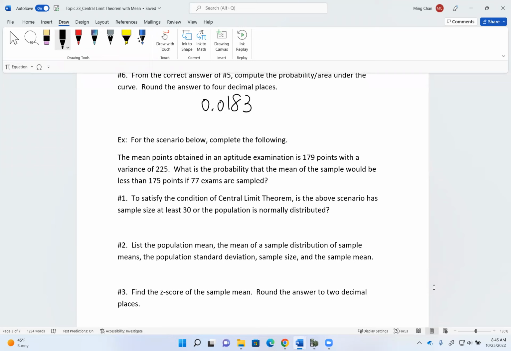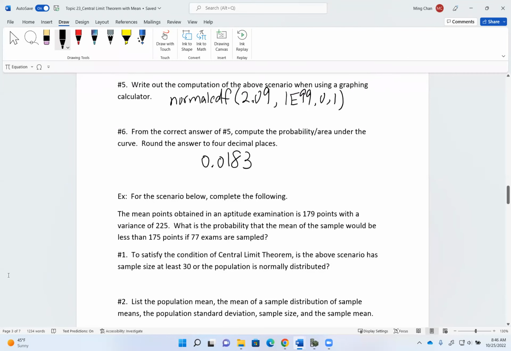So we're gonna sample 77. What's the chance that the mean of my sample will be less than 175? All right, so this problem again, the central limit theorem is satisfied by the sample size of at least 30.